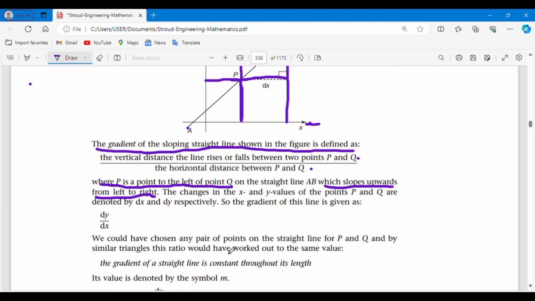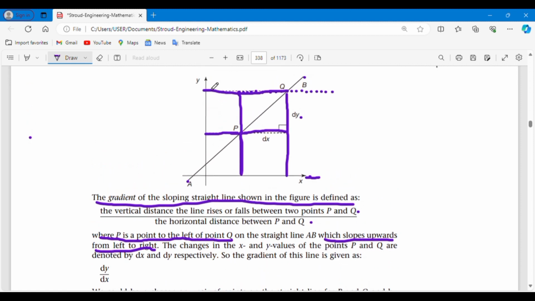Now please, if you still don't understand this, don't forget this explanation is for those that have passion to study math, who really want to understand calculus for the basics. If you just casually want to pass an exam, you may not need to understand all this I'm explaining on the diagram.